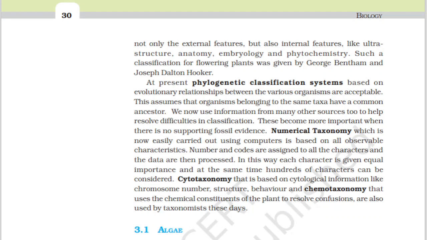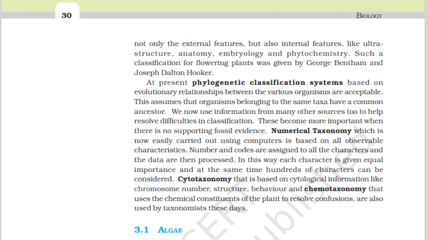So the phylogenetic classification system, which is based on evolutionary relationship between the various organisms, makes us assume that organisms belonging to the same taxa have a common ancestor. Like for example, we studied leopard, tiger, cat, all these belong to Felidae, but they are different species, but their ancestor is common.